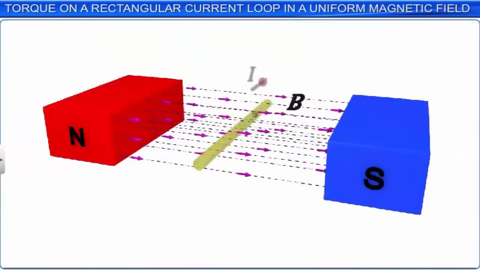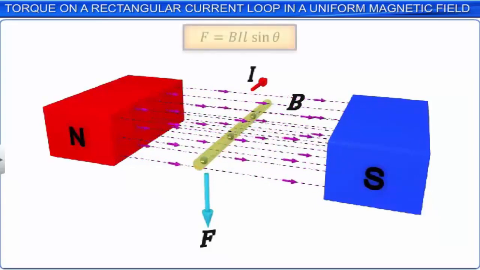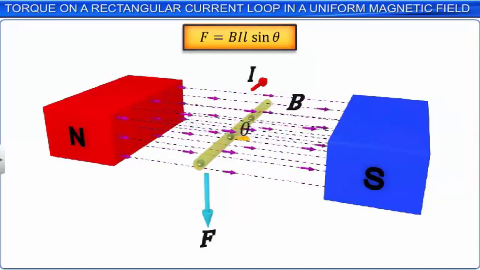A current-carrying conductor placed in a uniform magnetic field experiences some force. The magnitude of this force is determined by using the formula F is equal to BIL sin theta, where theta is the angle between the direction of the magnetic field and the direction of current.